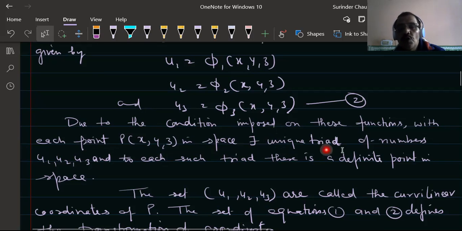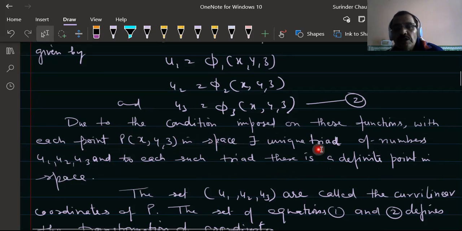There exists a unique triad of numbers u1, u2, u3, and to each such triad there is a definite point in space.